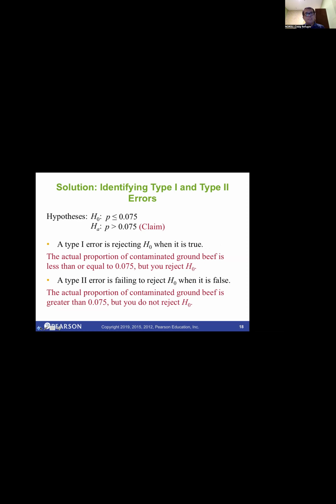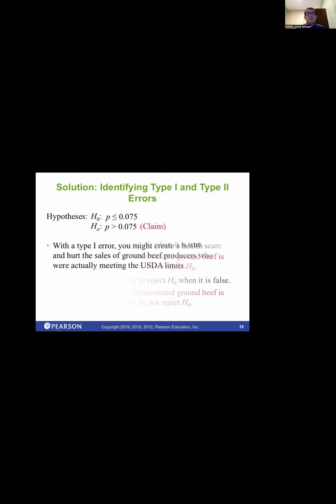The actual proportion of contaminated ground beef is less than or equal to 0.075, but you reject H0. So the statement is you might create a health scare and hurt the sales of ground beef producers who were actually meeting the USDA limits, at most 7.5%.